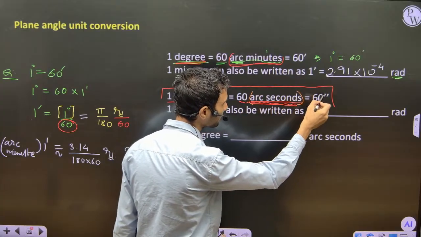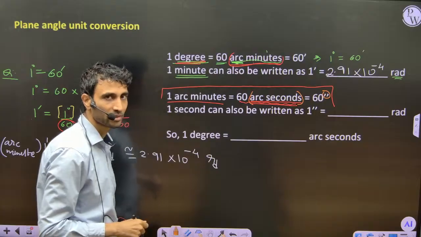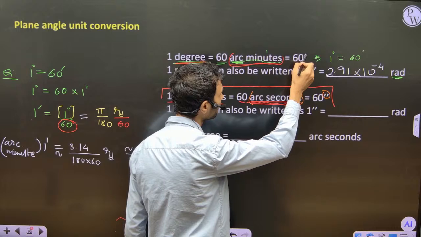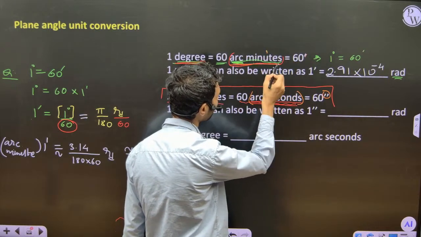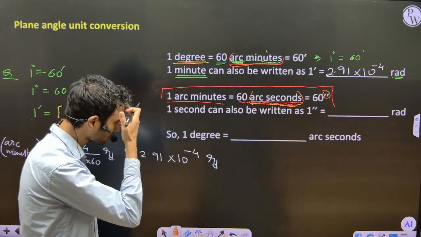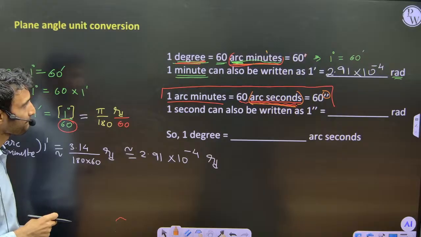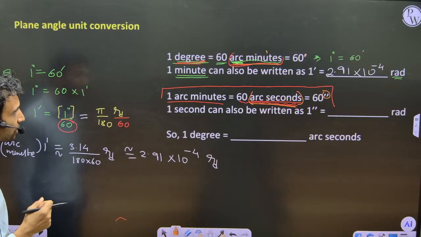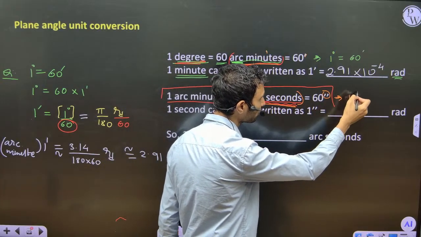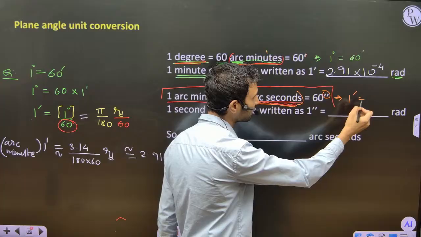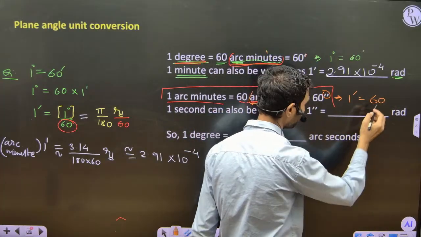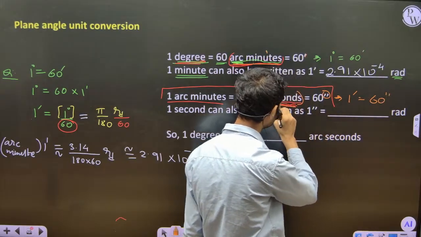Arc second is represented by this double prime, double dash, where single dash was used to denote arc minute. For arc second, we use double dash. Okay. So let me write that 1 arc minute. And if you can remember, for minute we use 1 dash, and that happens to be equal to 60 double dash, implying 60 arc seconds.